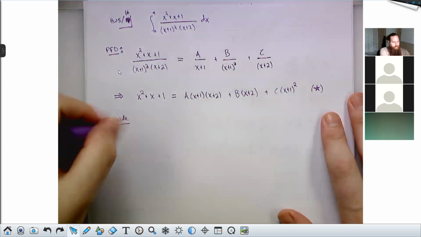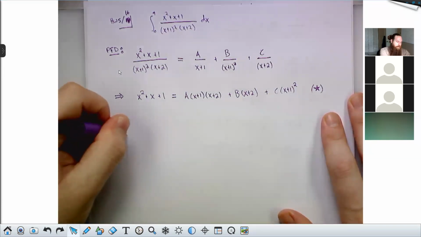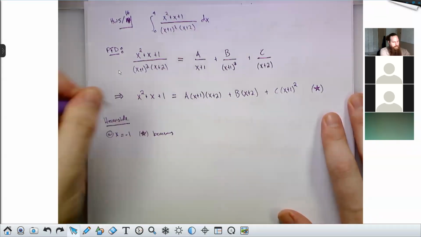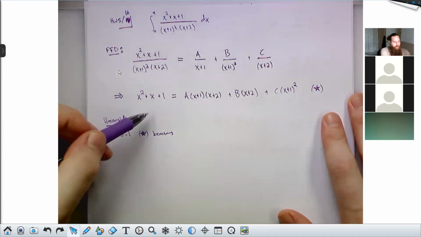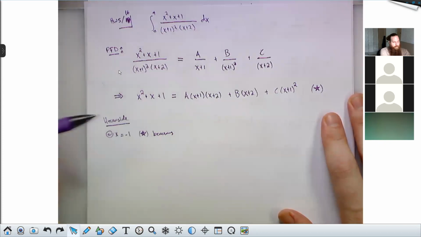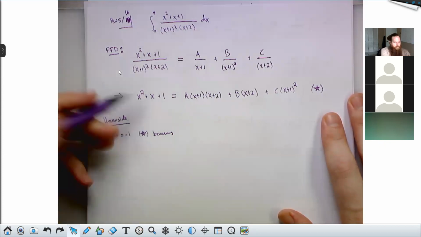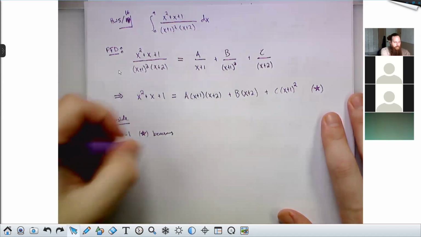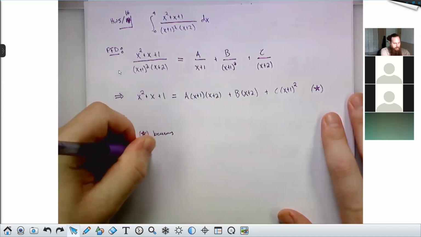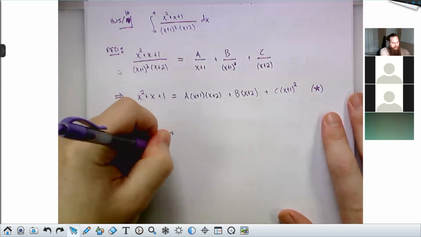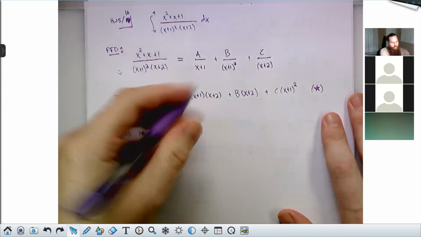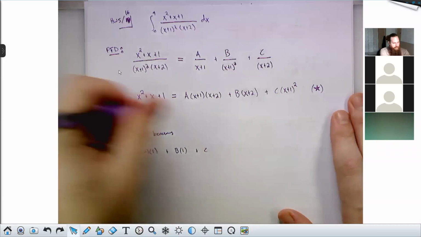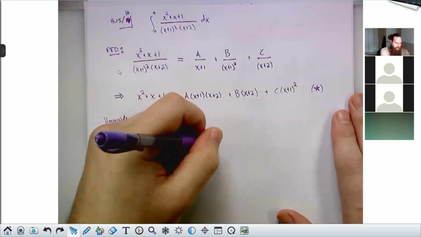One of those numbers is -1. So when x is -1, star becomes -1 squared plus -1 plus 1. That's 1. -1 squared is 1, minus 1 is 0, plus 1 is 1. So this is 1 equals, when I plug -1 in here, a times 0 times 1, plus b times -1 plus 2, which is 1, plus c times -1 plus 1, which is 0.